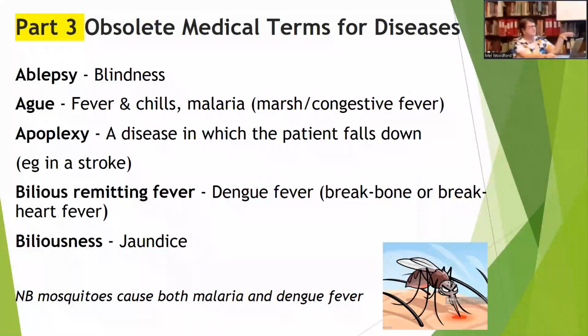And now we'll look at some obsolete medical terms for diseases, and you might have already heard of some of these, and I'm sure you've got loads of others you could tell the rest of us about. But for example, ague, that is fever and chills, or malaria, and malaria was also called marsh fever.